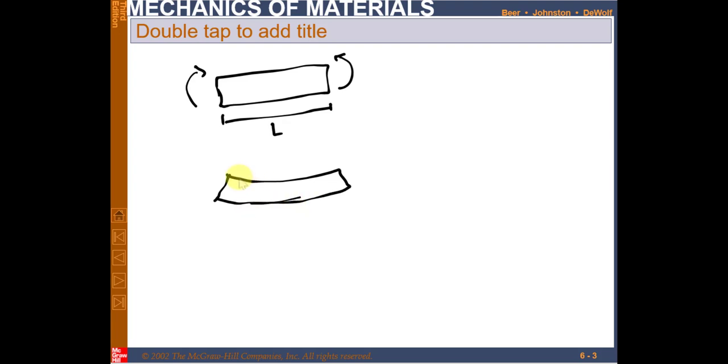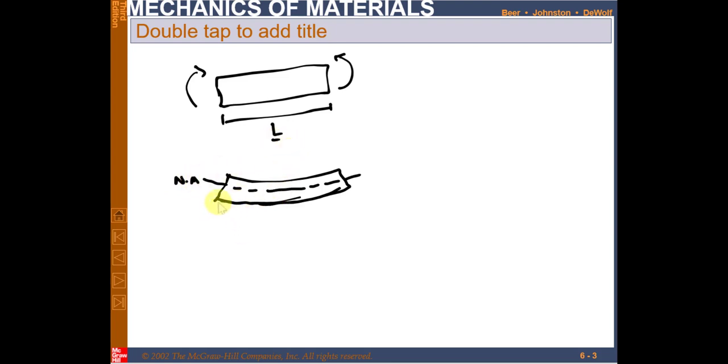So the upper portion is in compression while the lower surface is in tension. Similarly, we have also studied that there is an axis known as neutral axis, which does not contract or extend, and the length of this neutral axis will remain the same as the original length.